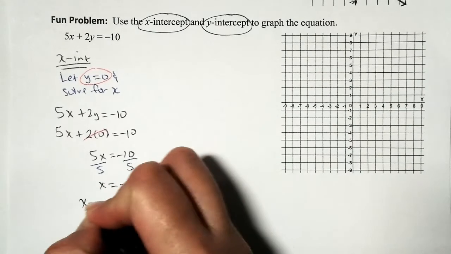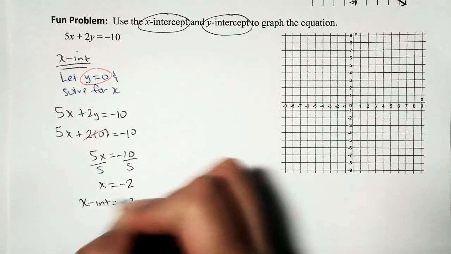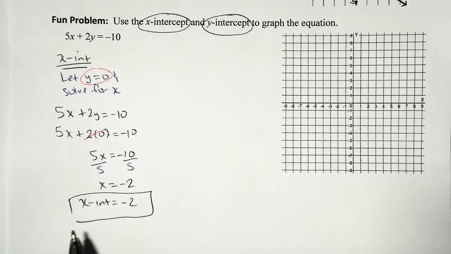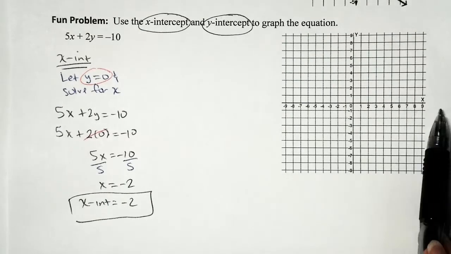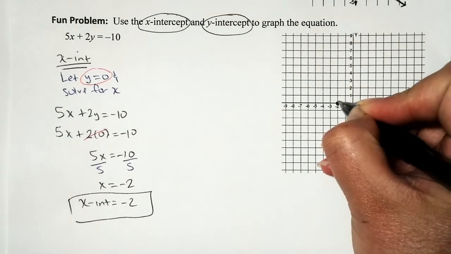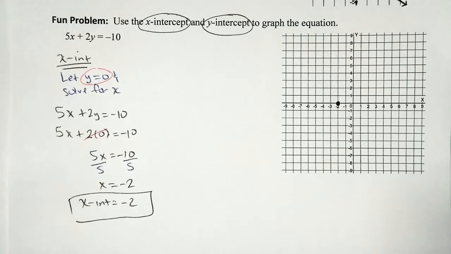That's just saying some x value is negative 2. But if you put the x-intercept label on it, then the x-intercept is negative 2. So the graph should intercept the x-axis at negative 2. Let's leave our mark. Cool, one intercept down, one more to go.